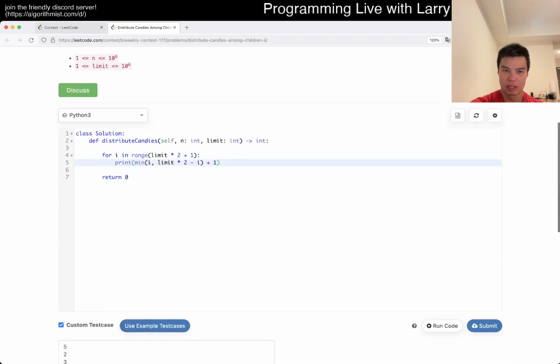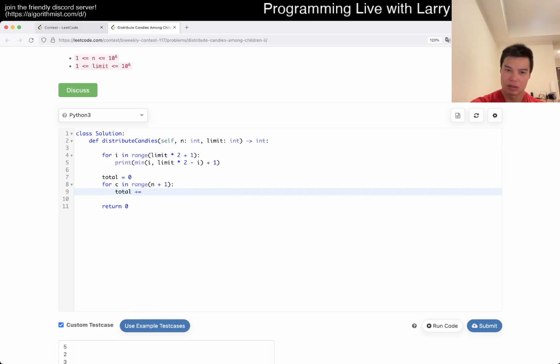Okay. And then now we can brute force the last one, right? So now okay, let's say I is equal to n minus c for the total, right?